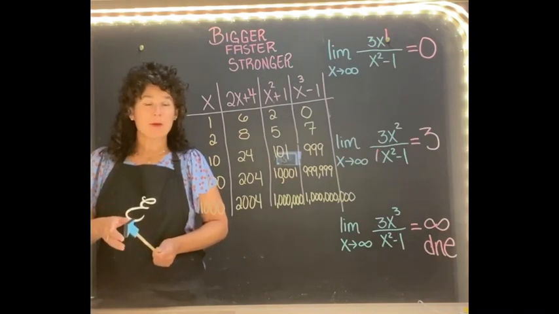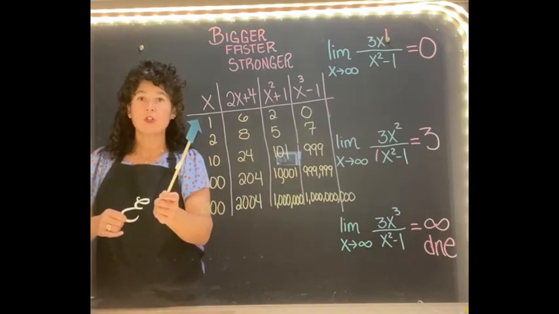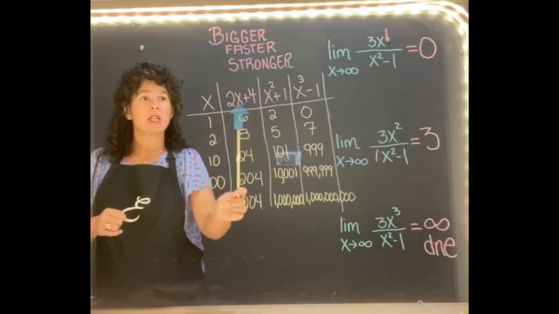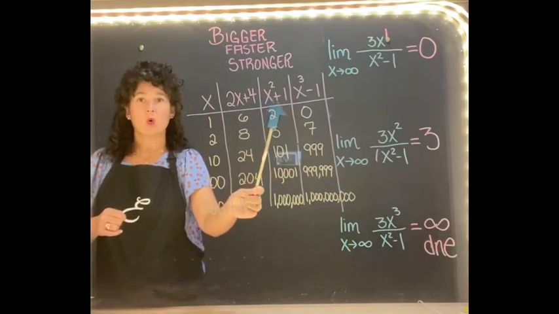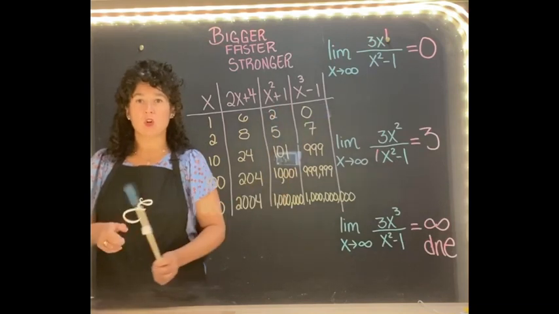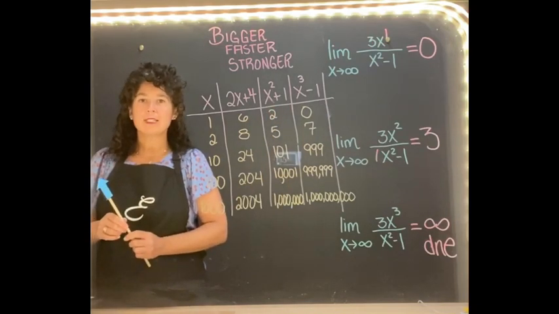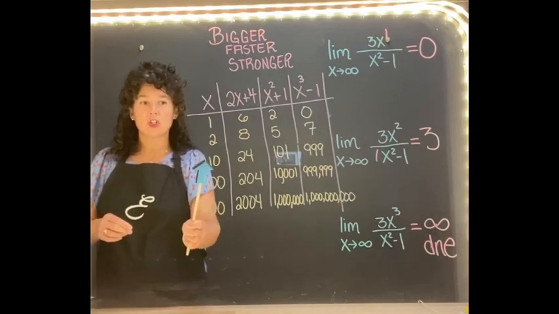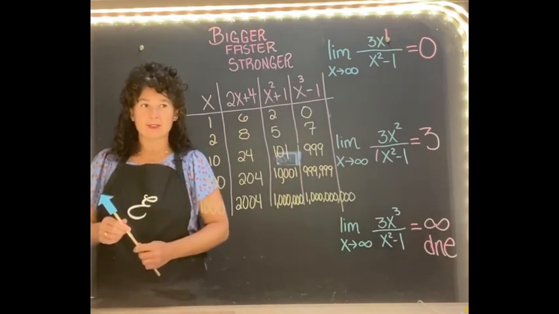I've made this table where I'm substituting larger and larger x values into a random linear equation, quadratic equation, and cubic equation. We want to look at what's happening to the answers as we substitute larger and larger numbers for x.